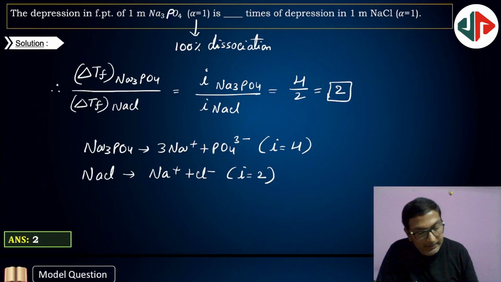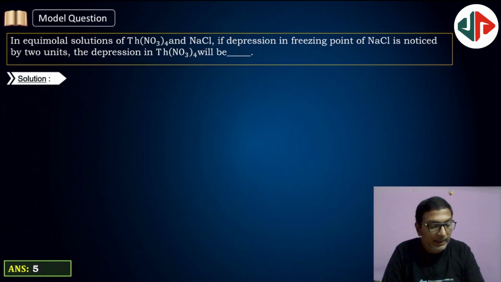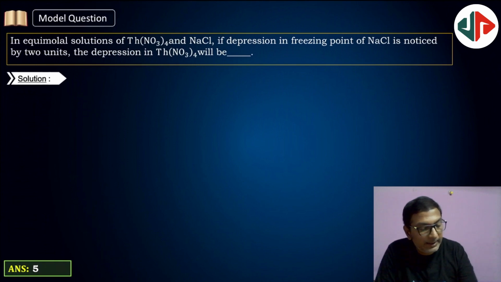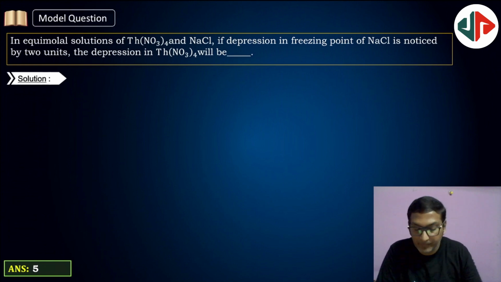Next. In equimolar solutions of Th(NO3)4 and NaCl, if the depression in freezing point for NaCl is noticed as 2 times, what will the depression in freezing point for Th(NO3)4 be?